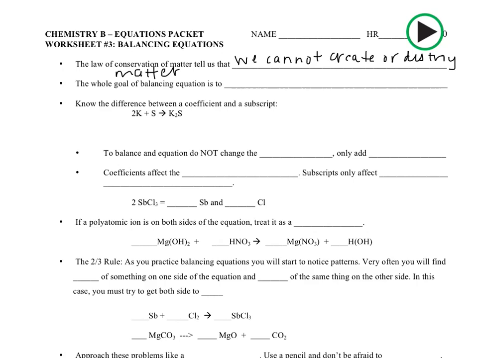So the whole goal of balancing equations is to follow the law of conservation of matter. And so in a really practical sense, what this means for us is we have to get the number of reactants, things to the left of the arrow, to equal the number of products.